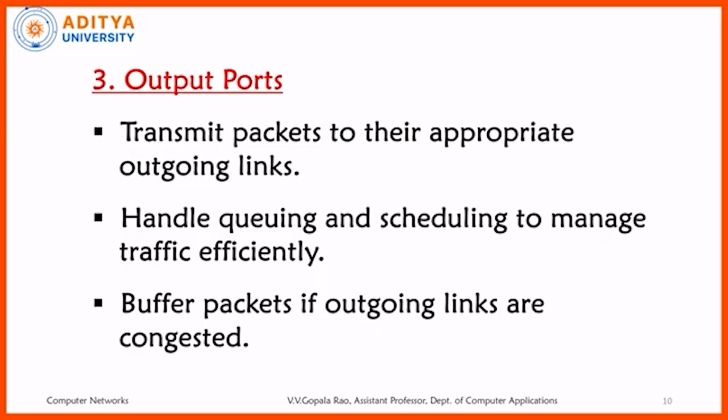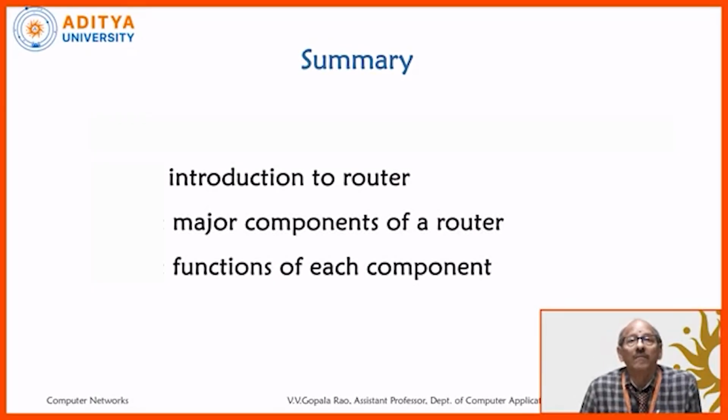So that is about the major components of the router, and the portions that are there in the router. That's all for today. I hope that after completing this, you are able to know what the router can do, the major components of a router, and every portion of the router.